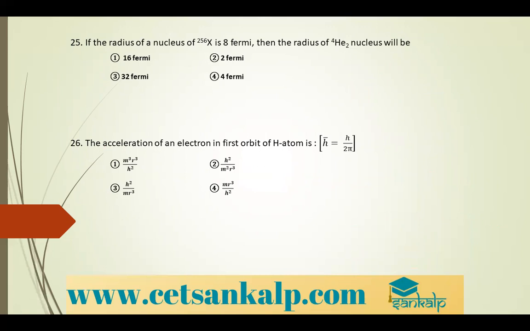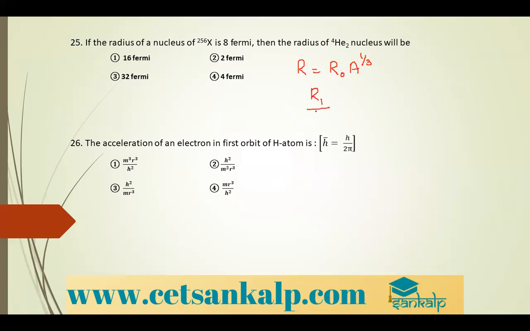If the radius of the nucleus of A is 8 Fermi, then the radius of the helium nucleus will be? You have the formula R is equal to R naught A to the power 1 by 3.